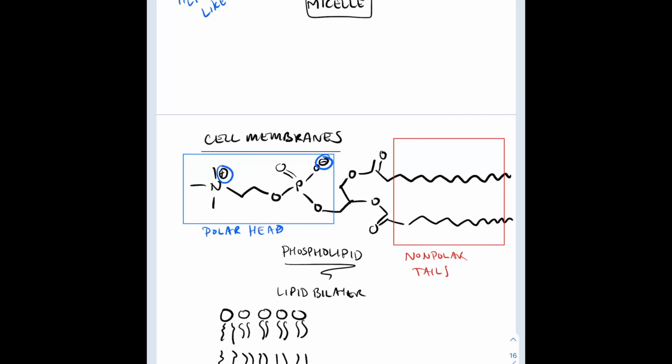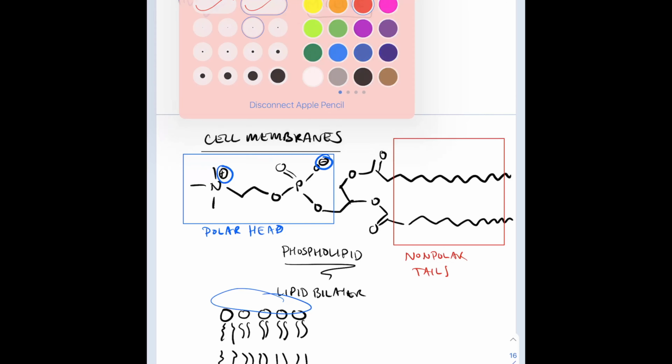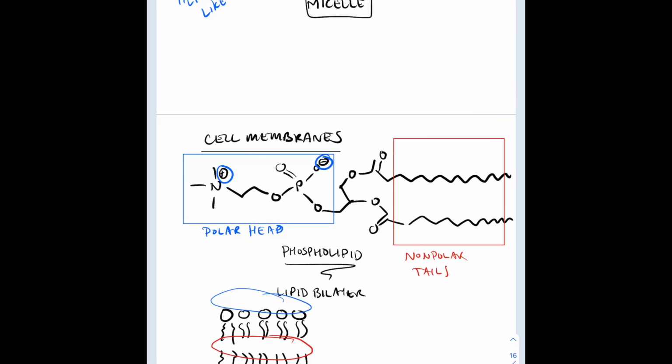Okay, and so this is your phospholipid bilayer, and so this portion up here is obviously going to be interacting with the ionic or polar head, and so that's what's interacting with the polar substances within our body, while the inner portion, the inside portion, is going to be the non-polar, and that's going to have different things, like it could have proteins in there or cholesterol or things like that.